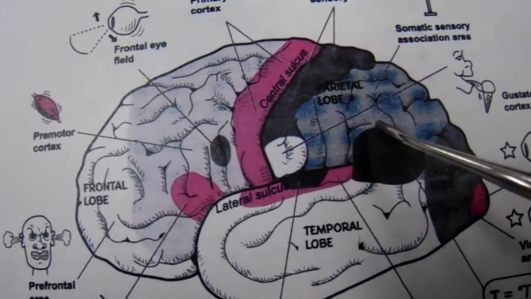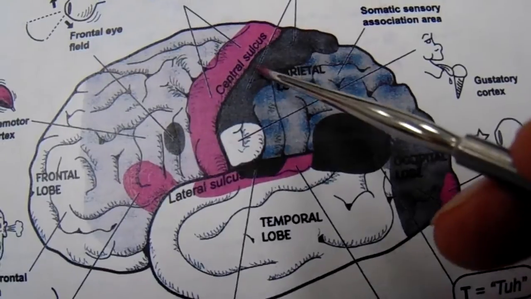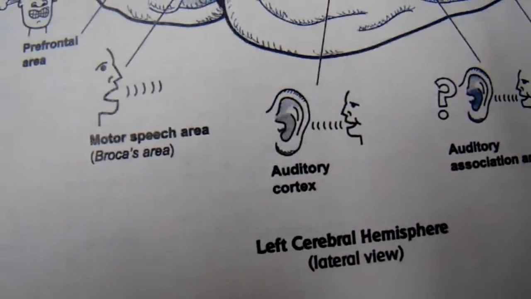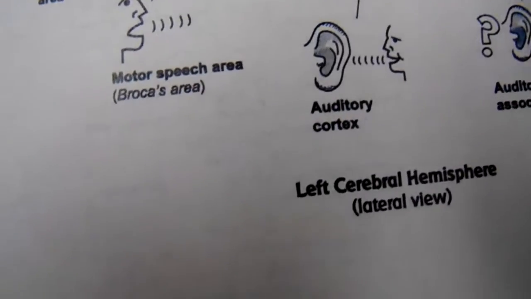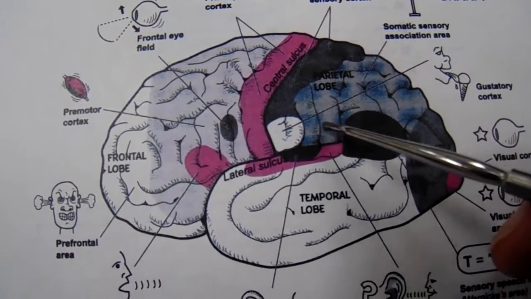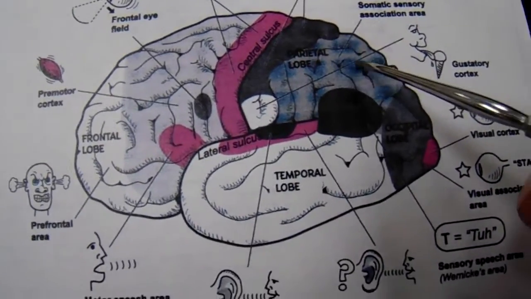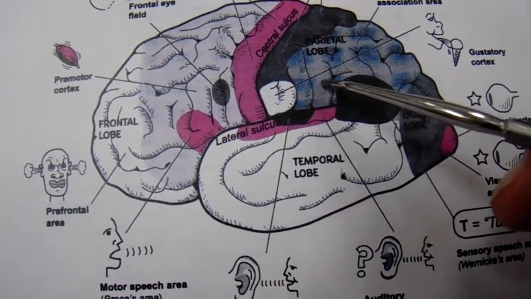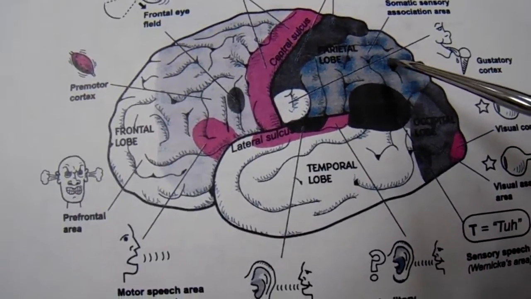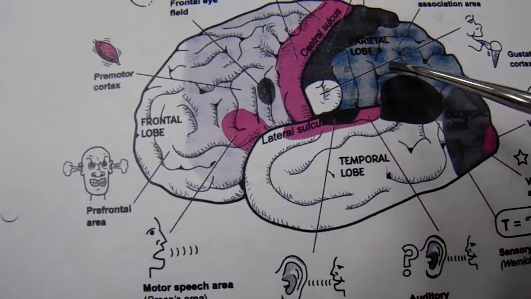Okay. Here's the primary somatic sensory. But you've got your primary somatic sensory association area. Like I said, it's your first sense of touch. Like if somebody put sandpaper on your skin, you would know it's sandpaper. Or if somebody put scissors on your skin, you'd probably know it's metal.